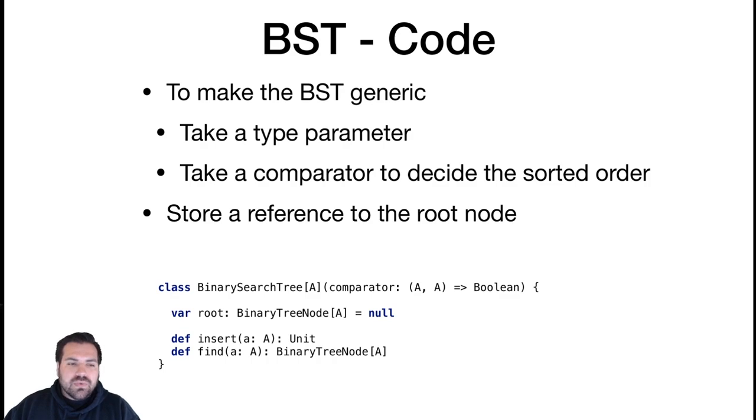So we're only going to store the root of the tree. This is similar to the trees that we saw on Friday. We're only going to store the root node of the tree, just like with linked lists we would store the head of the linked list. So here, same thing applies. A binary search tree is only going to have a reference to the root node, but we're going to have this wrapper class to be able to add some BST-specific functionality, namely the comparator and any methods that we implement.